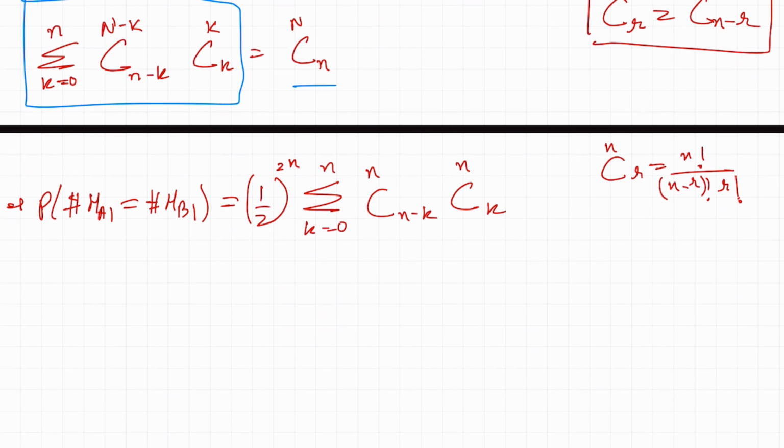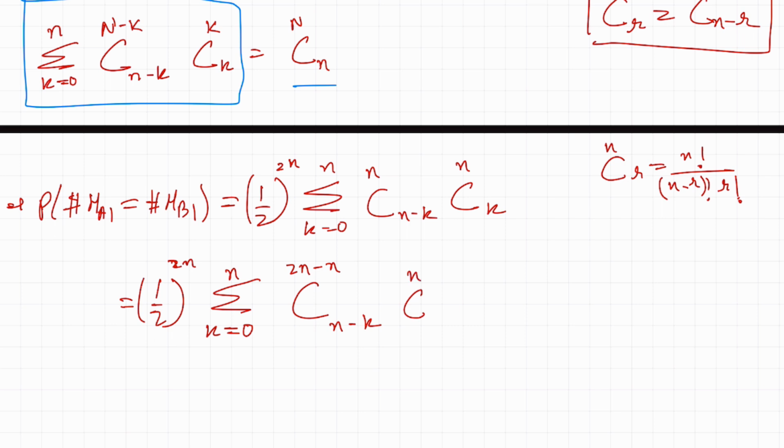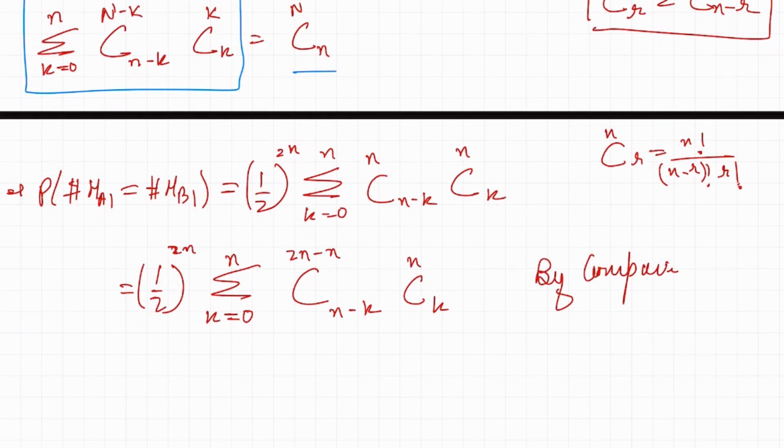Okay. Now, if you do a quick comparison, I'm just trying to bring it into a form which is as close as possible. This may take a little bit of trial and error, but if you look very closely, I'm going to convert this into an identical form as this formula here. By comparing, you quickly see N is equal to 2n.